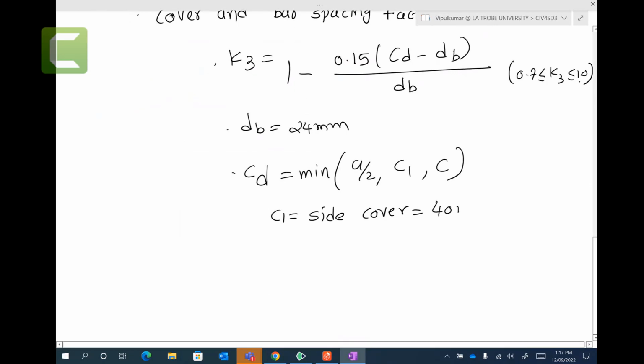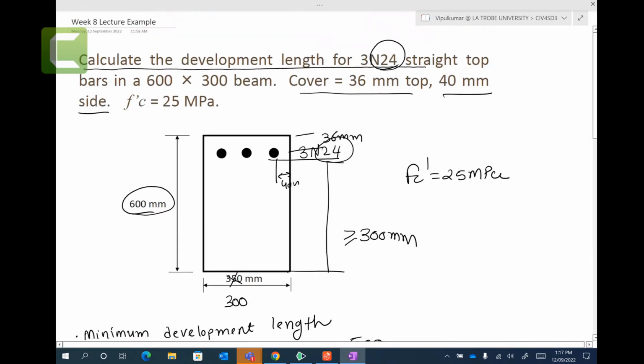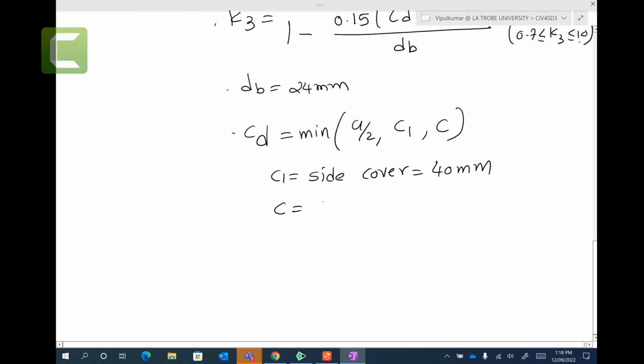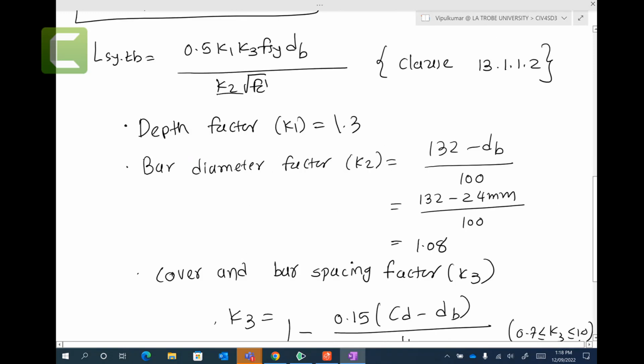C is the top cover, so we have 36 millimeters. Now a/2, we need to calculate.